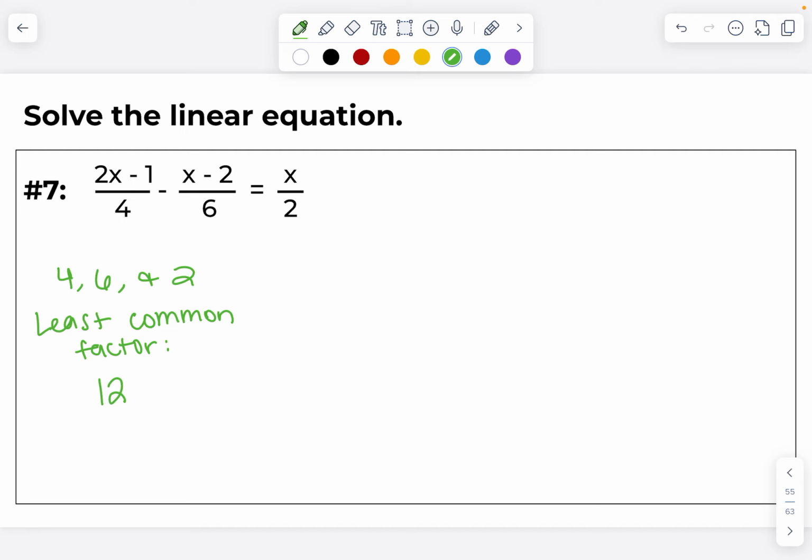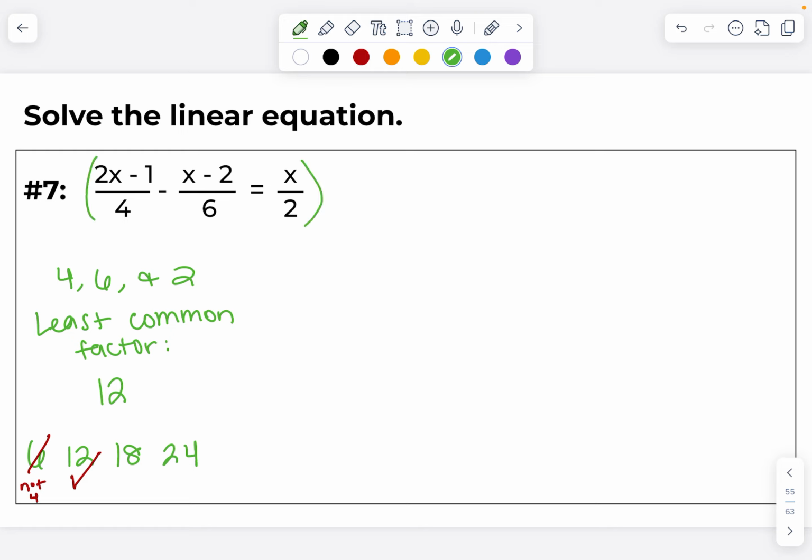If you ever get stuck and you're not sure, you can take the largest number, in this case 6, and like I said in the previous one, just start adding 6, do it a few times, and then start crossing things off. 4 doesn't go into 6, so this one doesn't work. The next number that 6 is divisible by, 4 goes into 12, and so does 2, so that one works. So that's one method of finding the least common factor that will work every single time.